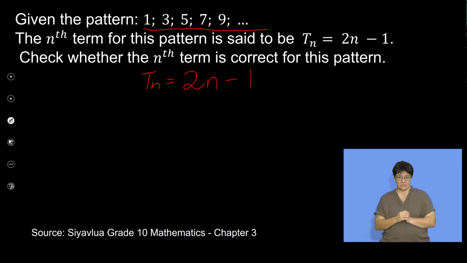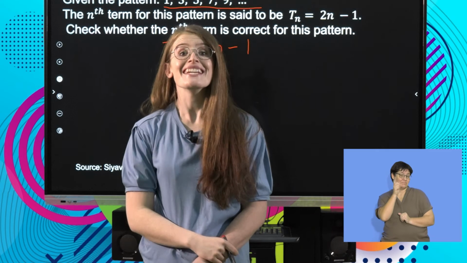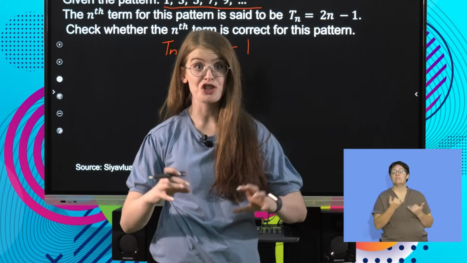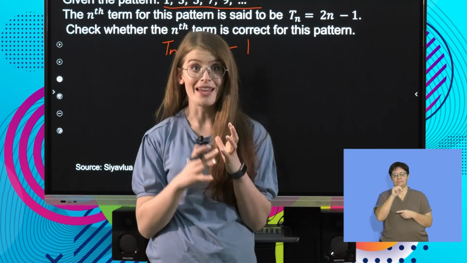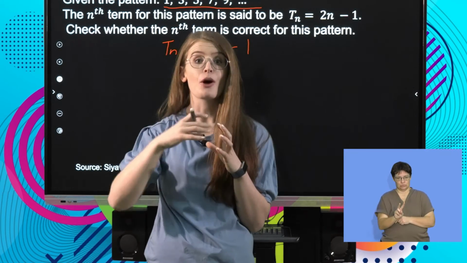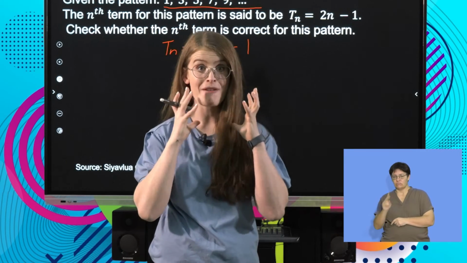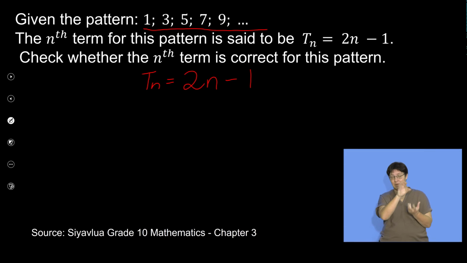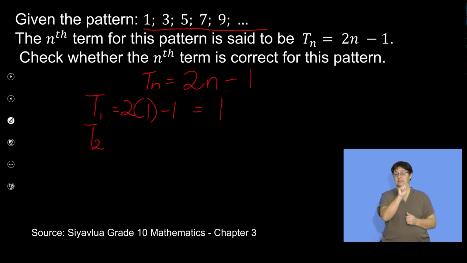In order for me to check if it is in fact the general term for this sequence, I'm going to substitute n is equal to 1, 2, 3 going on to see if the term value matches. So let's see if they match. If I substitute 1, I'm going to have 2 times 1 minus 1, which gives me 1. Then if I'm looking at term 2, I'm substituting in 2 for n.